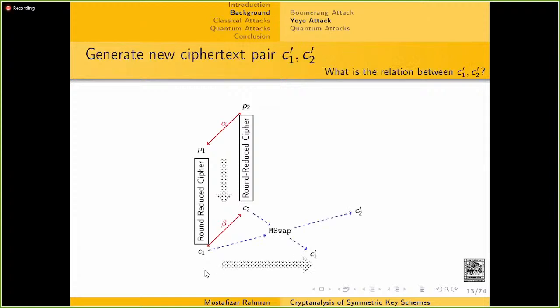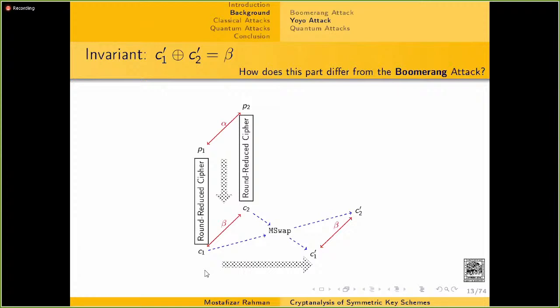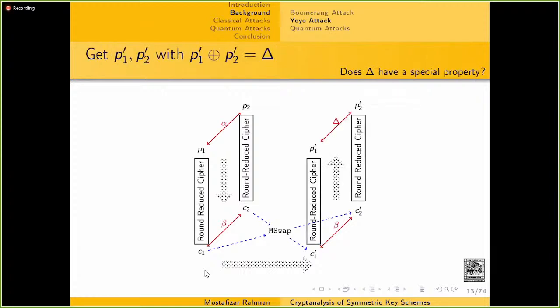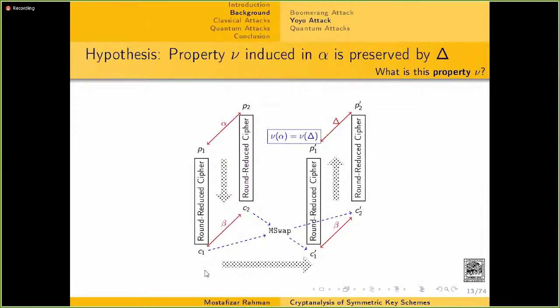We'll discuss it later, to obtain new ciphertexts C1 dash and C2 dash, and then we decrypt them to obtain two new plaintexts P1 dash and P2 dash with delta difference. Now there is a special property between this alpha and delta, and this property was shown by the ASIACRYPT 2017 paper. The property is: nu of alpha should be equal to nu of delta.